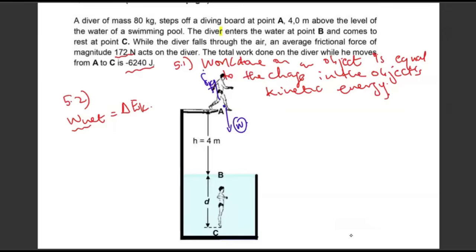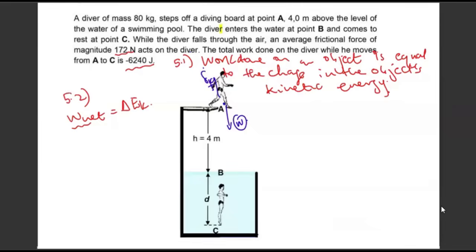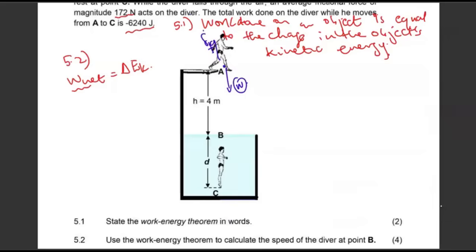So the work done by these two could be just the same as work done by the weight, which is the Fg, plus the work done by the frictional force should be equal to the Ek final minus the Ek initial.